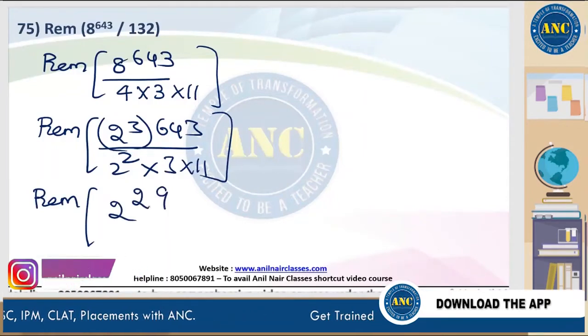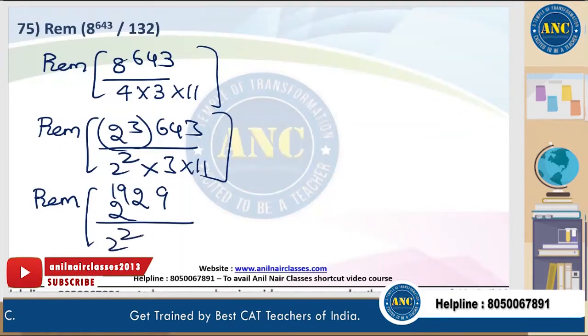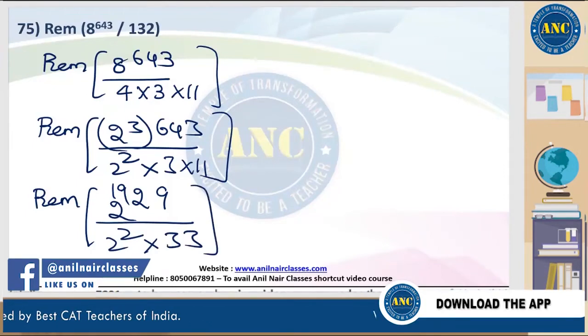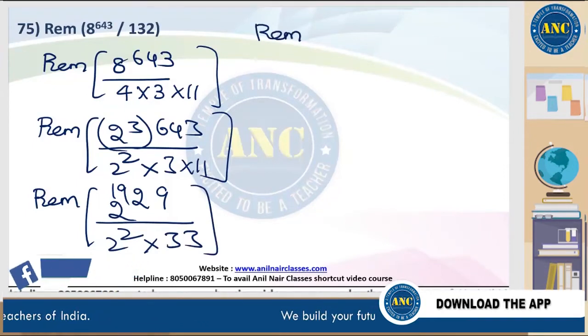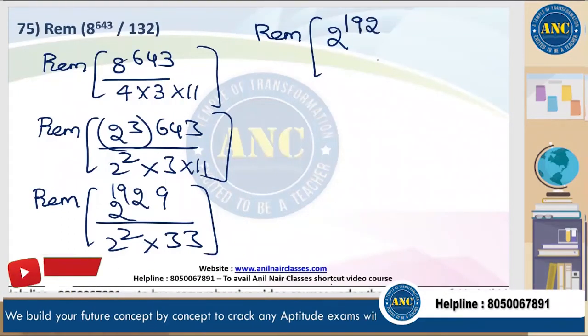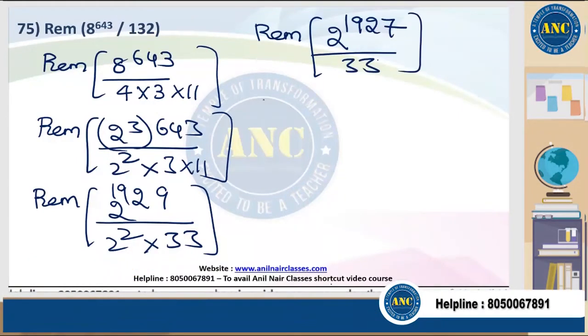2 power 1929 divided by 2 square into 33. So this will become remainder 1. 1929 minus 2 is 1927. 1927 divided by 33.